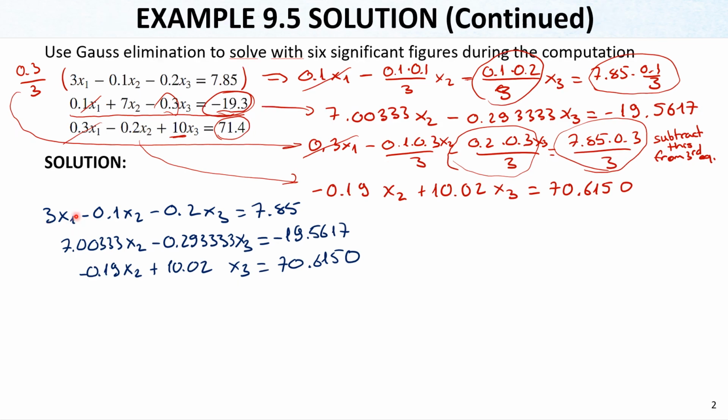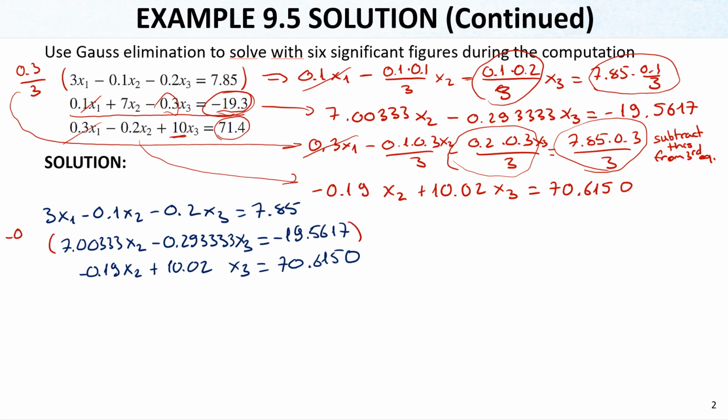Now here we have started to obtain the upper triangular system. In the first equation we have x1, in the second we have x2 as the first element, and in the third one we need to have x3 as the first element. So we need to eliminate this. To eliminate this, we will actually divide and multiply.